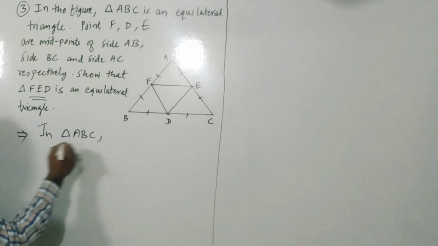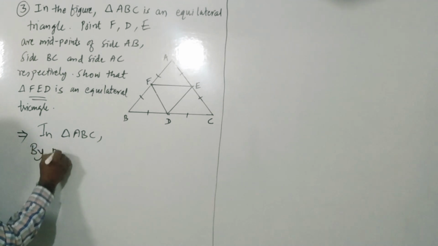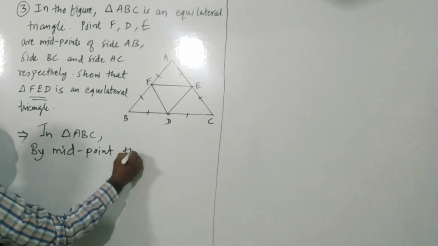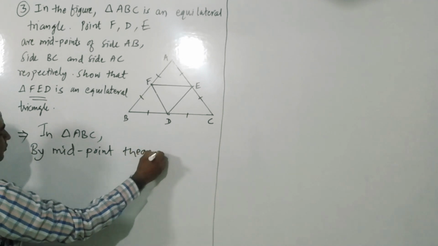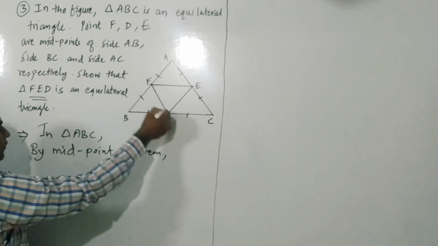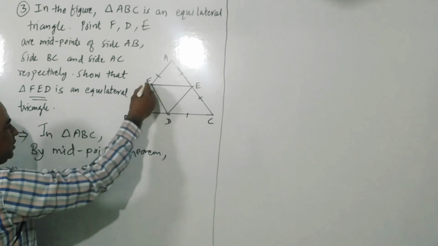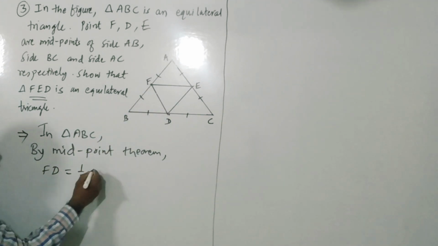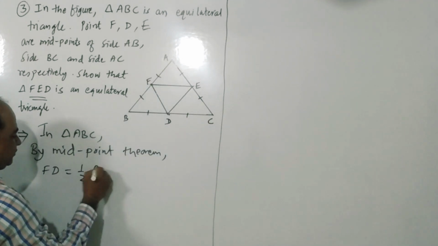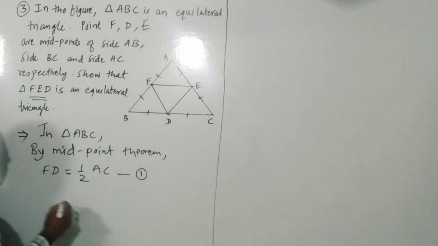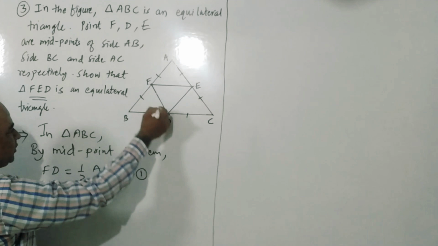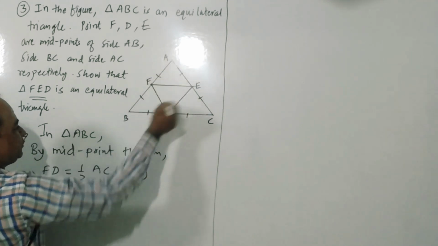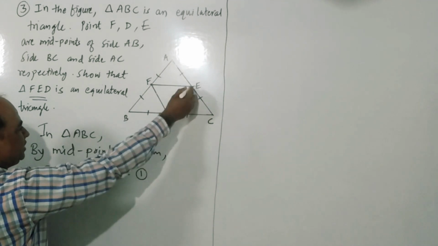So by midpoint theorem, here F and D are the midpoints, so FD is equal to 1 upon 2 side AC, number 1. Also by midpoint theorem, D is also midpoint and E is also midpoint of side BC and AC.